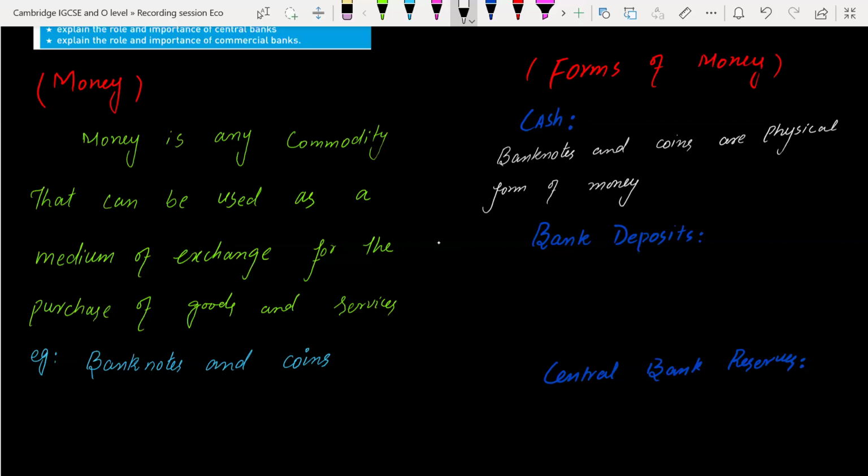We can call it a debit card, credit card, online bank transfer, ATM cards, etc. So that is this type of money.